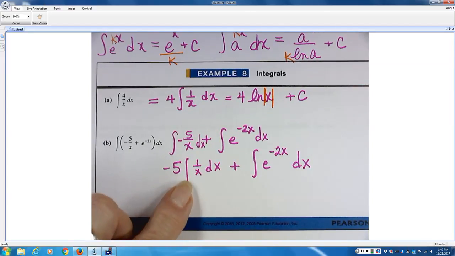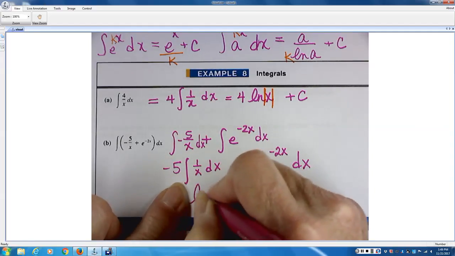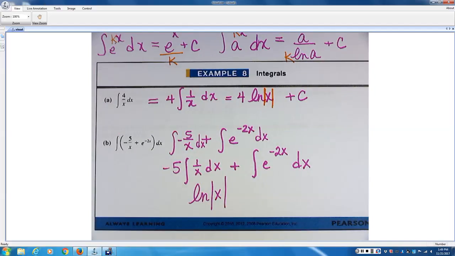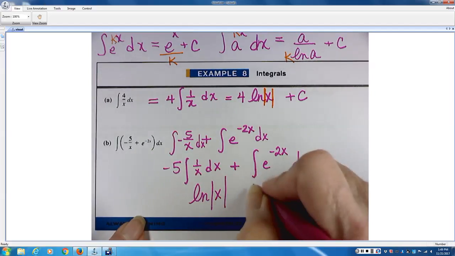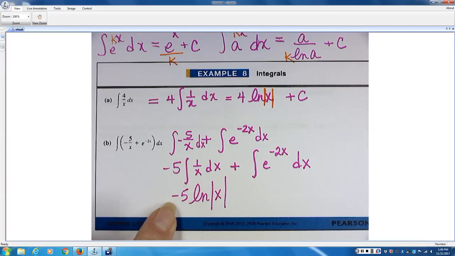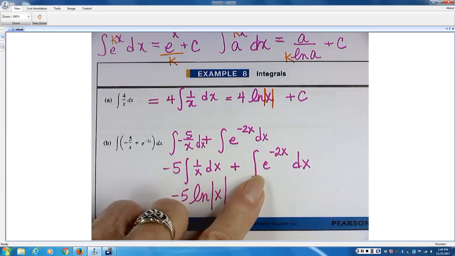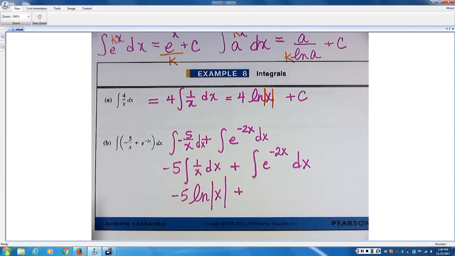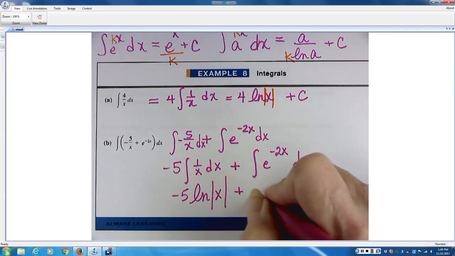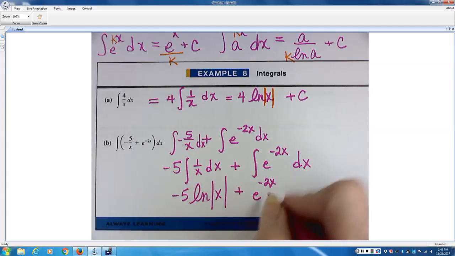And since the integral of 1 over x is the natural log of x, and I'll put the absolute value bars in there because if x were negative, you'd need them. And then you multiply that by your negative 5, because remember your coefficients are always just hitchhikers, plus the integral of e to the negative 2x is going to be e to the negative 2x and then you're going to divide by that negative 2.